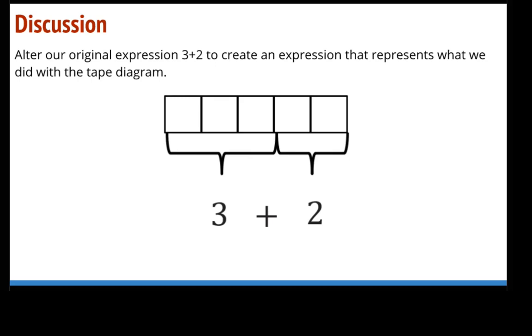So here we have our original expression. We've got the 3 with the 2 more, 3 plus 2, but then we removed the 2, got rid of them. And so here I've used the image of actually crossing them out. And here is how we would show this mathematically.